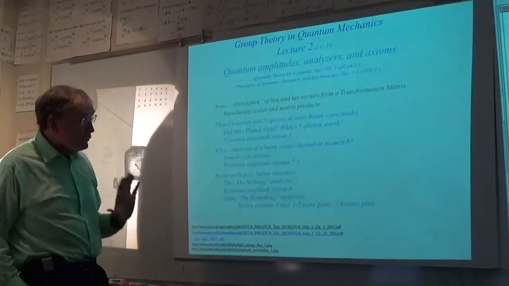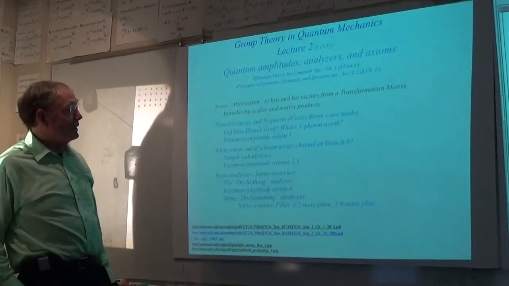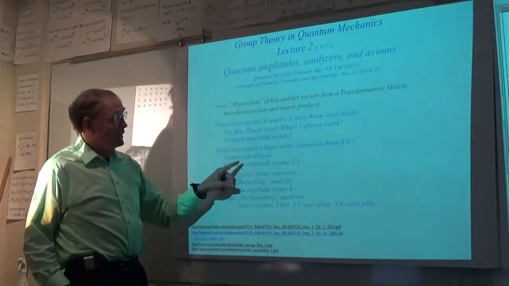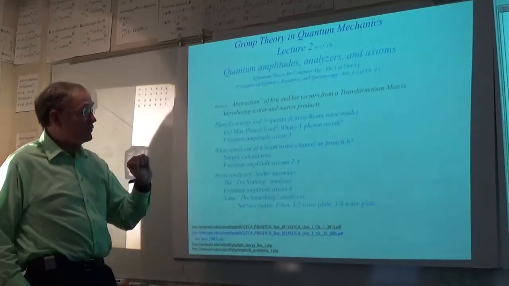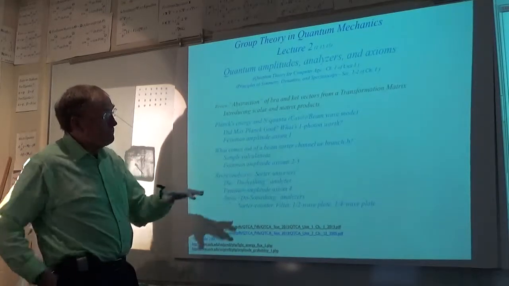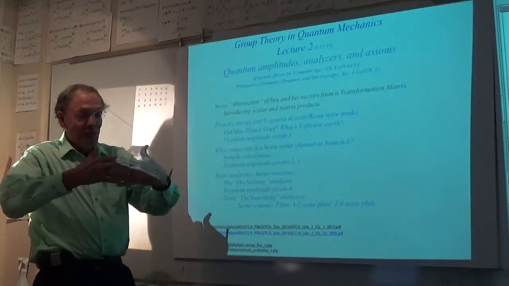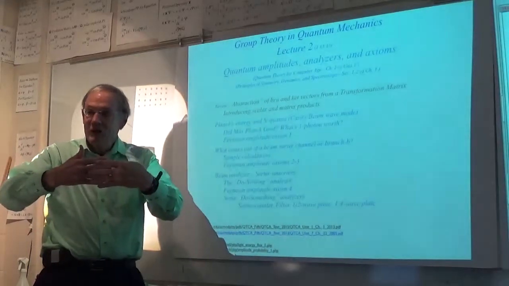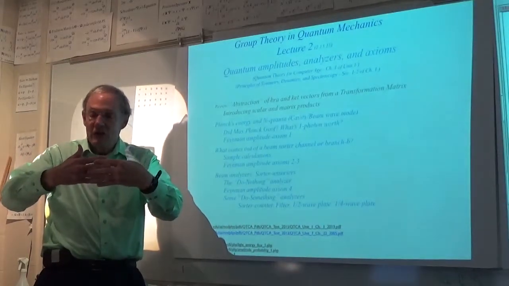So we're going to use that to develop, and then we'll come back and show in the next lectures a mathematical dovetail between these ideas that we're using to develop quantum mechanics.